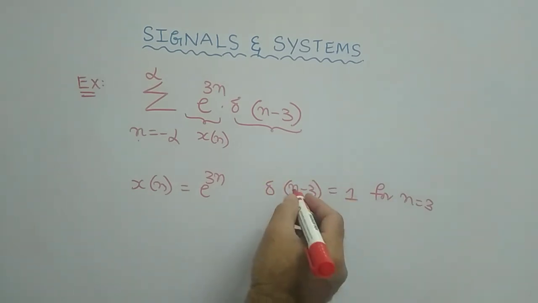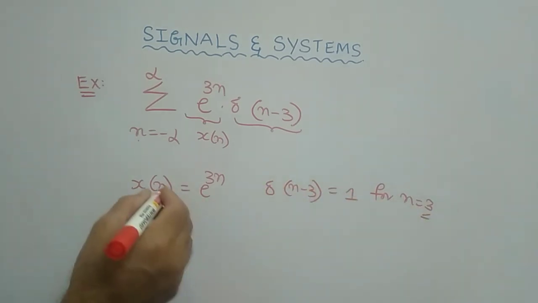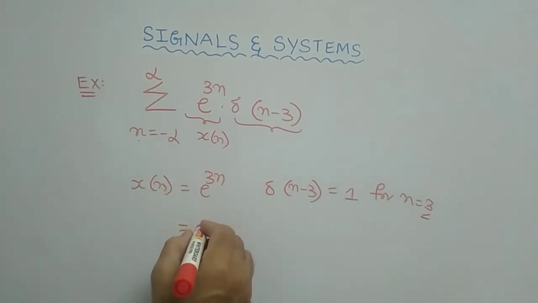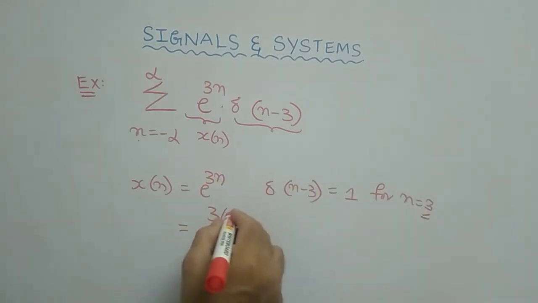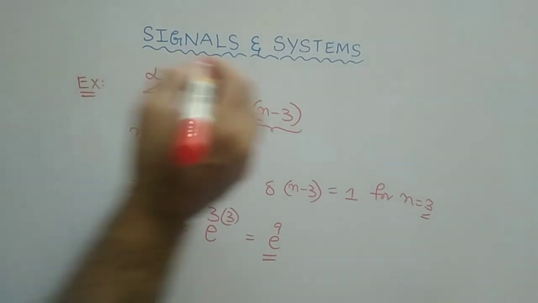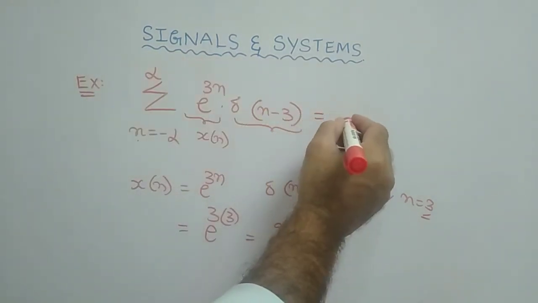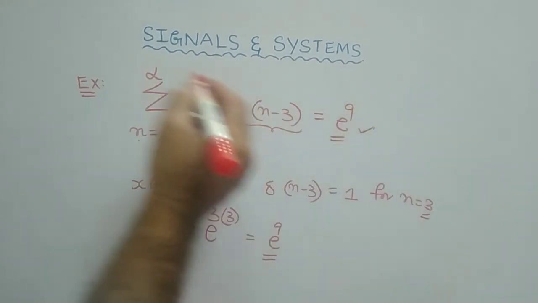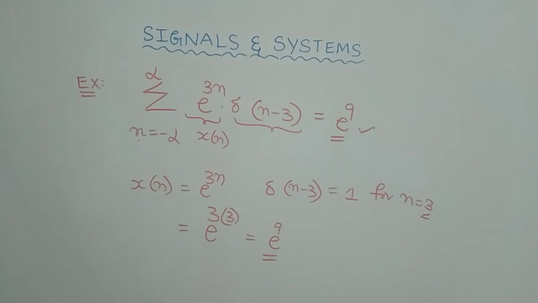Clear? Therefore, wherever n is there in your input signal x of n, you substitute 3, so it is e power 3 into 3, which is e power 9. That is the answer for this question. E power 9 is the answer. Like that, you have to solve. Clear?